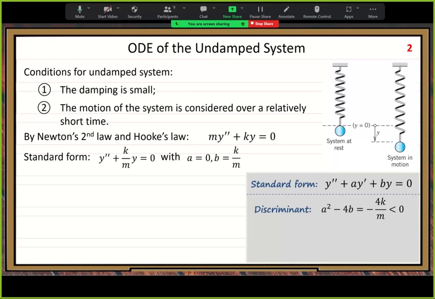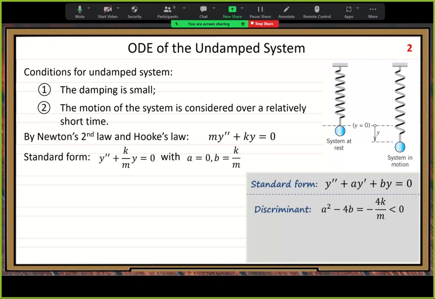But a is 0, so the discriminant becomes negative 4k over m. So it's a negative number. When the discriminant is a negative number, that's our case number 3. So we apply the solution for case number 3.